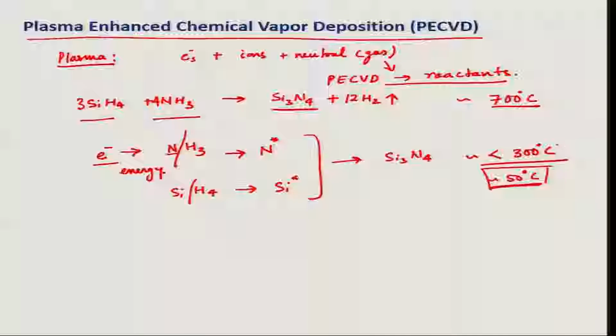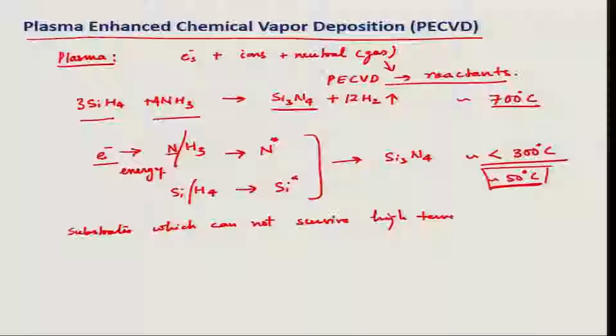Okay. So, there are two benefits of it. First, you can use substrates which cannot survive high temperatures. Okay. An example of this is glass.